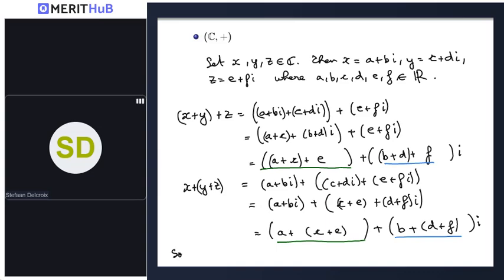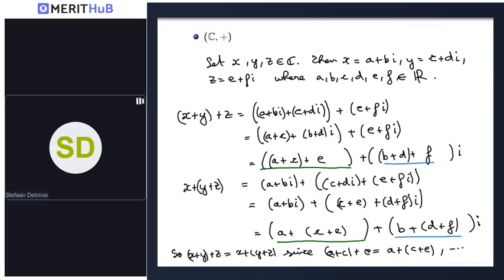So (x plus y) plus z is equal to x plus (y plus z), since (a plus c) plus e is a plus (c plus e), and the other property.